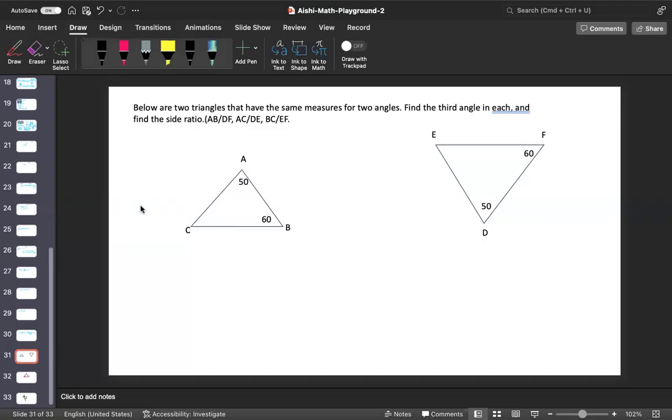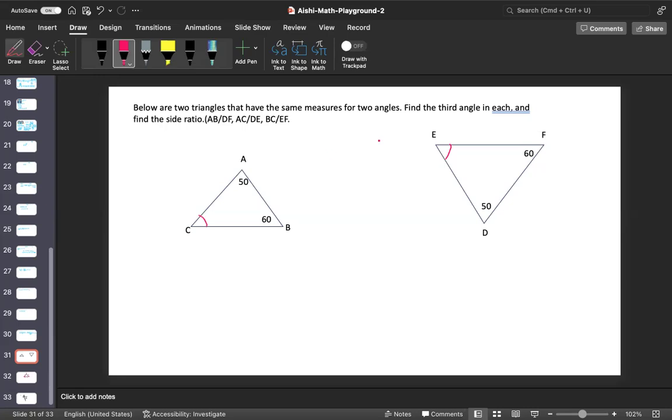So, we're going to start with a pretty simple problem. Below are two triangles that have the same measure for two angles. Find the third angle in each and find the side ratio. Okay.